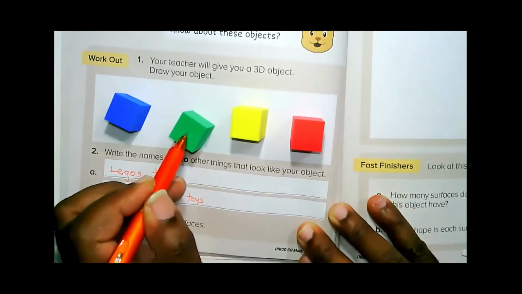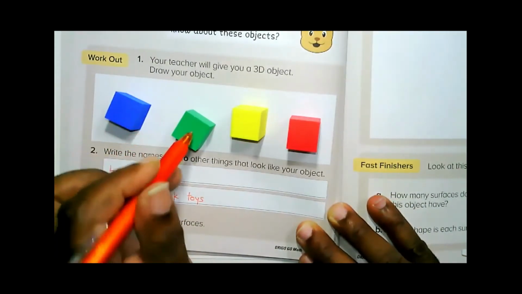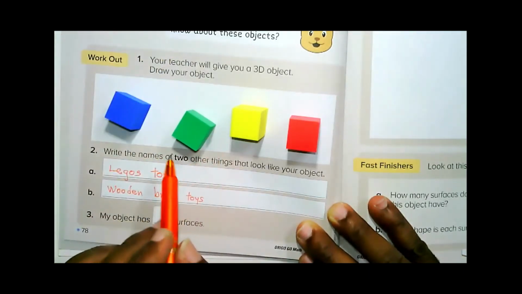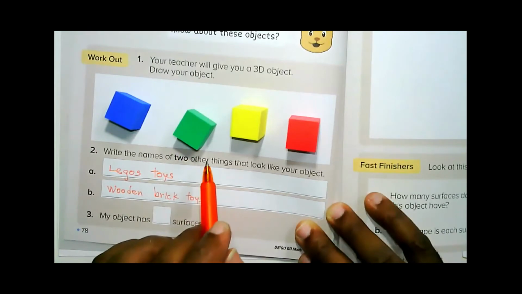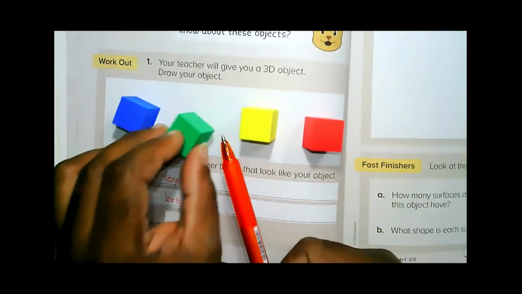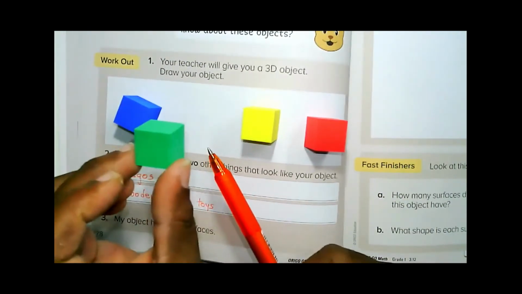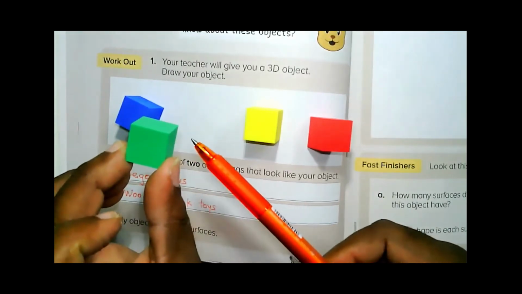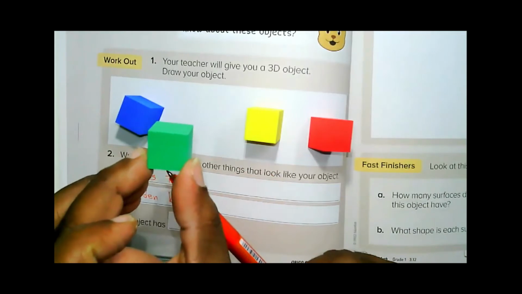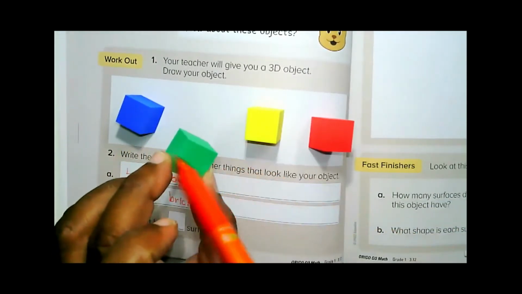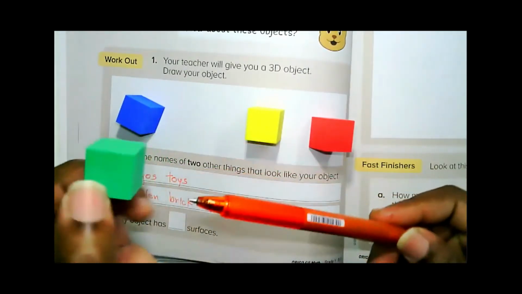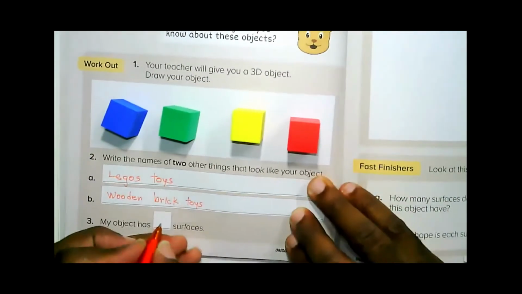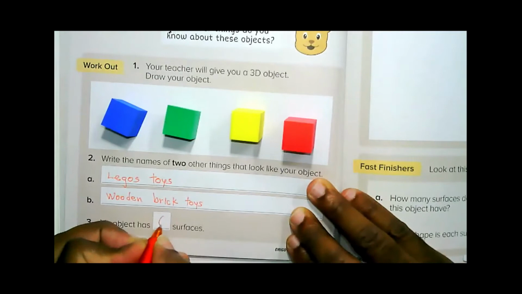They have 1, 2, 3, 4, 5, and the one under, 6. Again, 1, 2, 3, 4, 5, 6. So they have 6 surfaces.